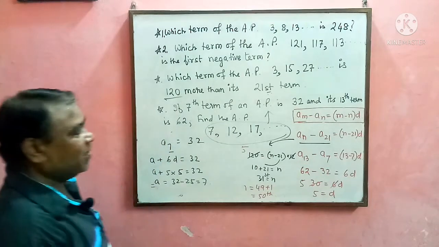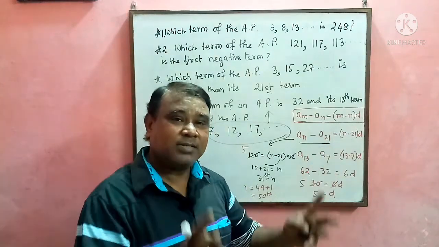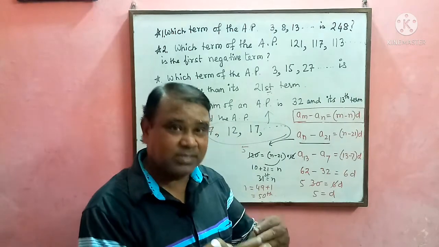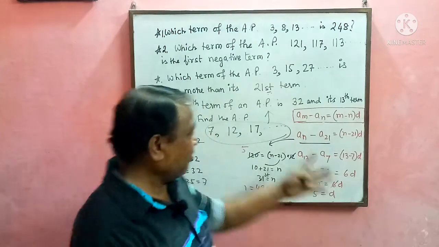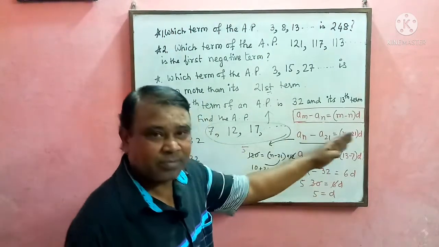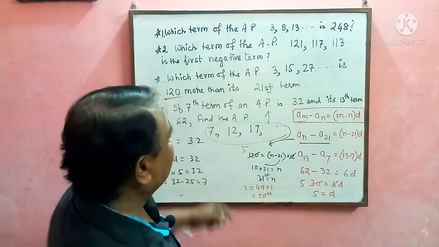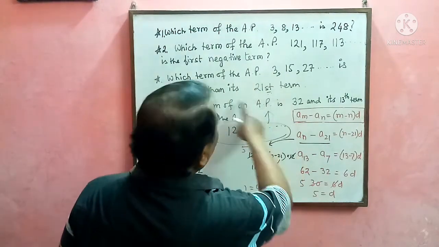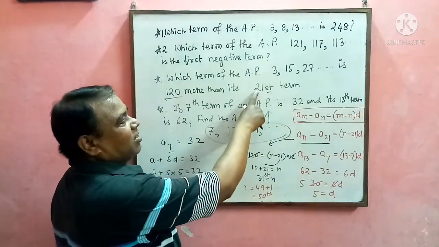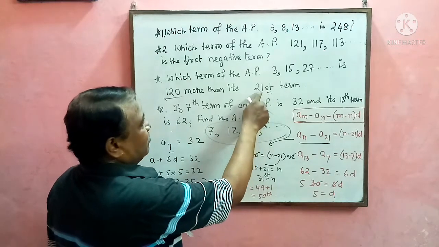You got it? When two terms are given, or it is given like this, one term is more than the other term by something, therefore you just use this identity. Like here, we are letting the nth term be 120 more than the 21st term.